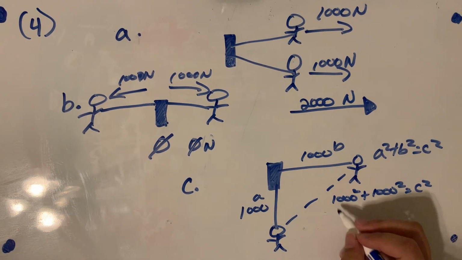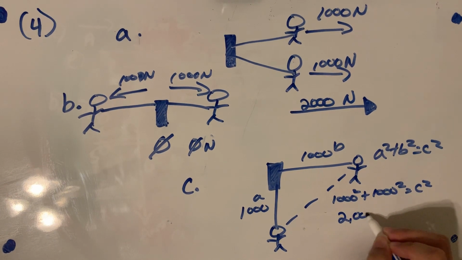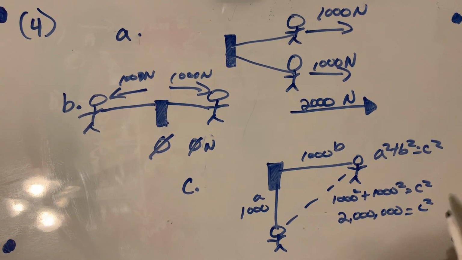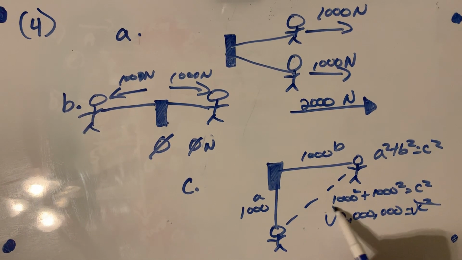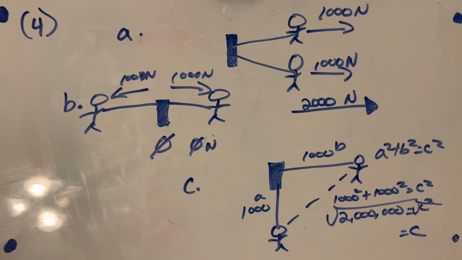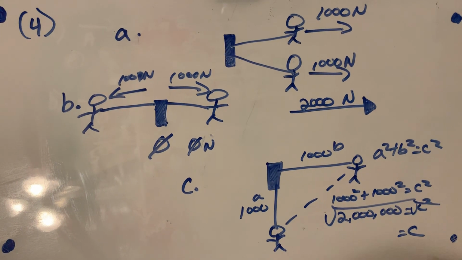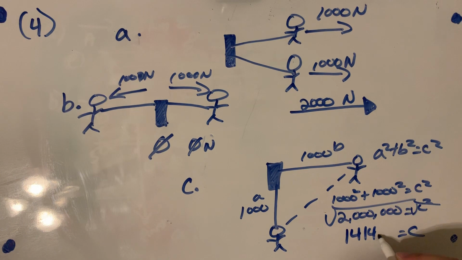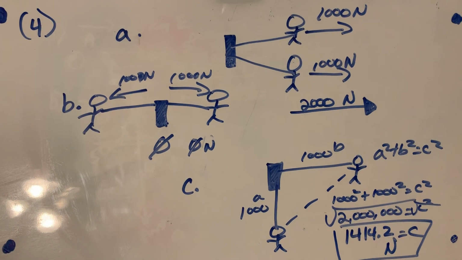You get 2 million. That's equal to your C squared. Remember, get rid of the square, square root of C. It's going to be 1414.2 newtons. Okay, that is your answer for C, for your resultant.